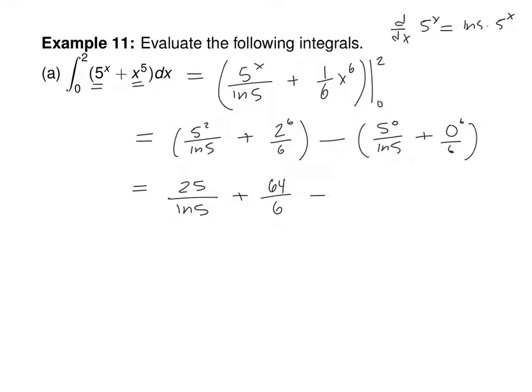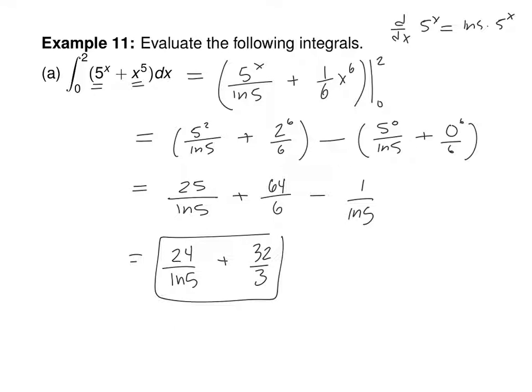What is 5 to the 0? 1. So can you simplify that anymore? 24 over ln 5. And you should reduce your fractions because you're in calculus and you can do that now. How does 64/6 reduce? 32 over 3, yeah. Okay. Woo, yay.